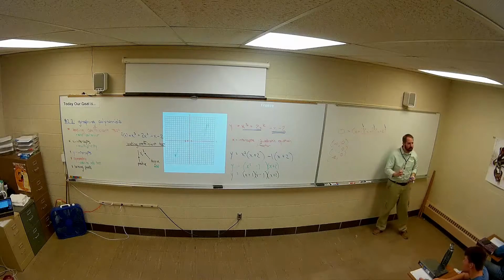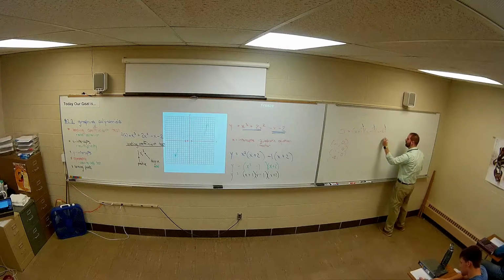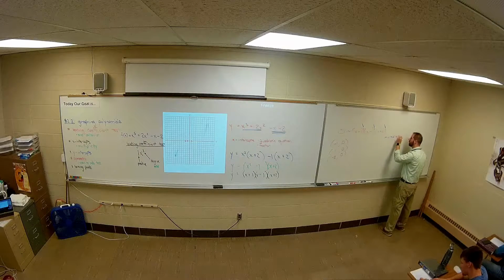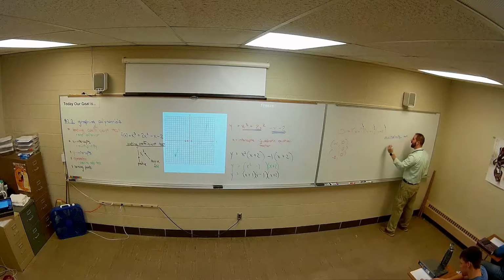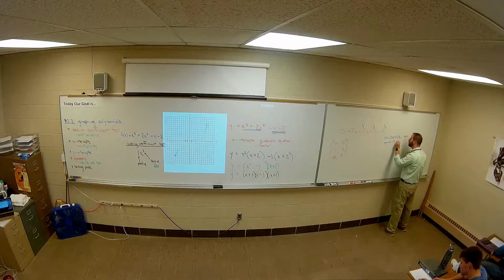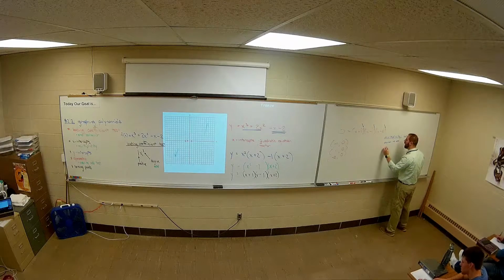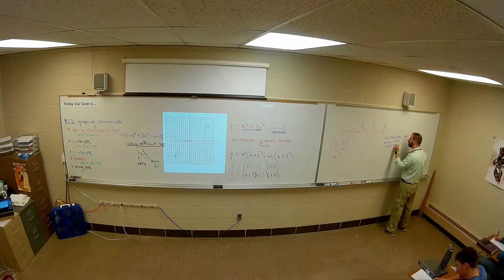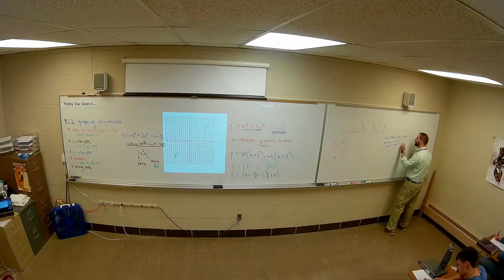Okay, here's what it says for multiplicity check. Okay, the multiplicity test. If your power is odd, that means the graph will pass through that x-intercept.